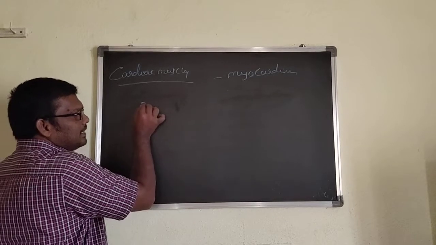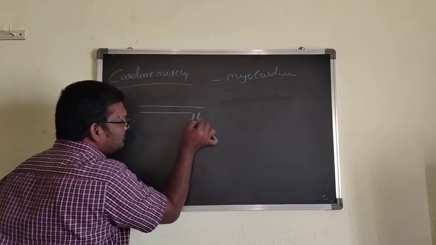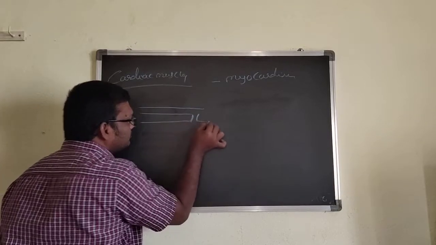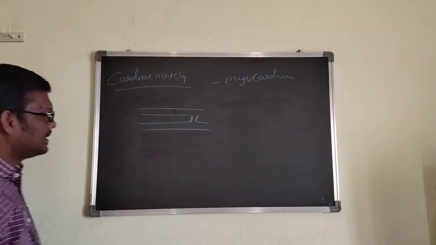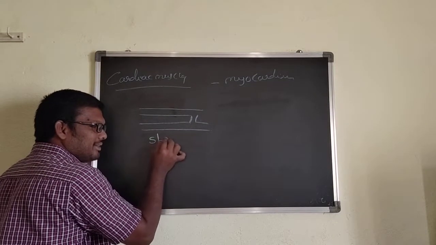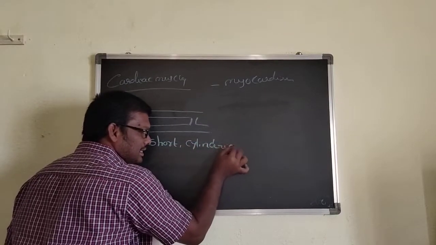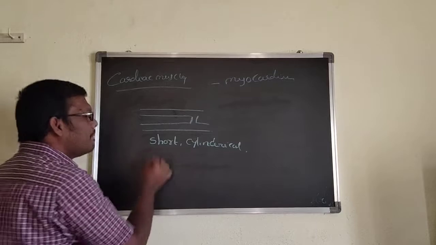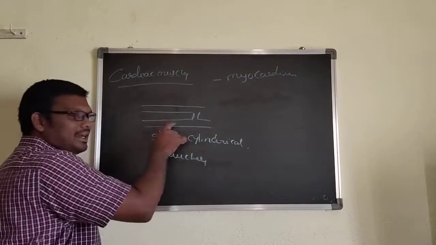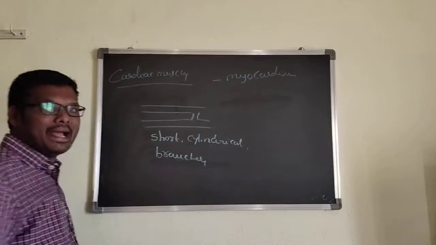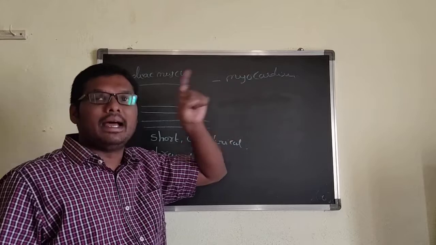See, cardiac muscles are short, cylindrical, branched. If you go for skeletal muscle, it is long, cylindrical, unbranched.